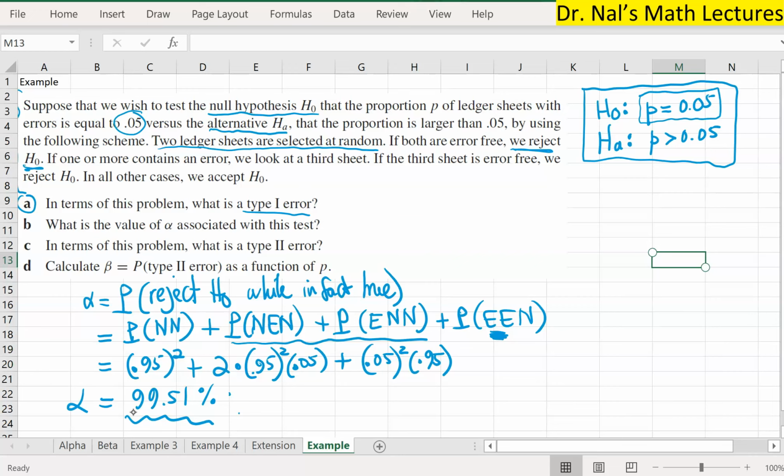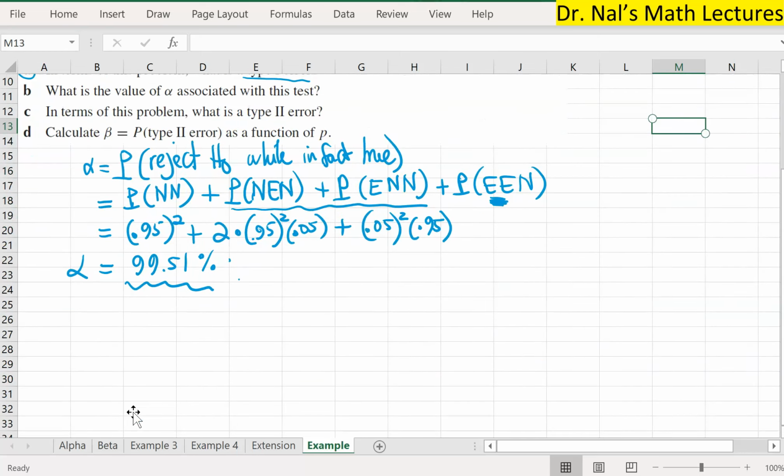So if the alternative was true, and you just rejected it, you rejected the null hypothesis, then what could have been the scenarios? There are one of these 3 cases. So let's do it here. Beta is equal to the probability that we reject the alternative hypothesis while in fact it is true, while HA is true actually.